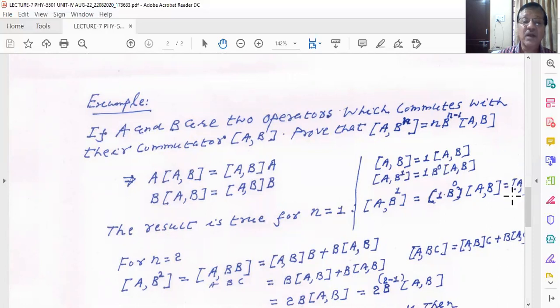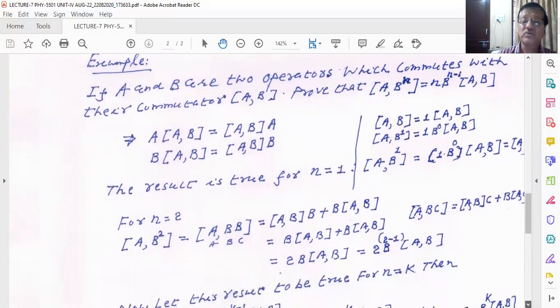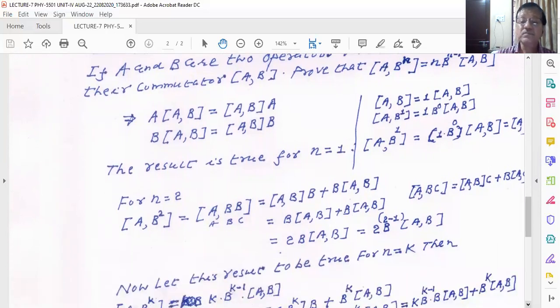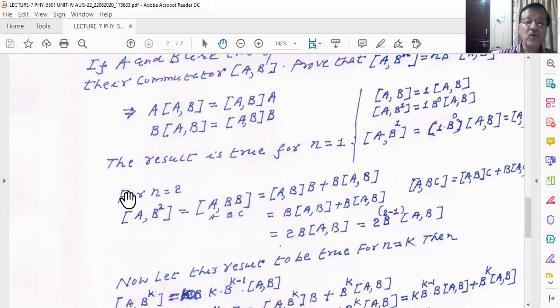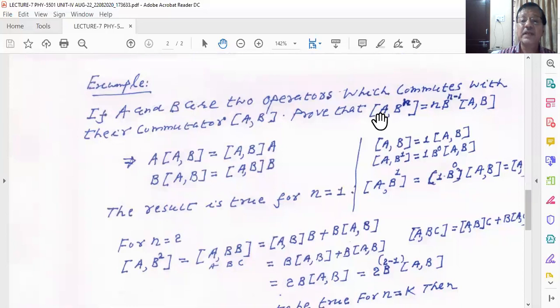Okay, now let us go for n equal to 2. We want to generalize this result. When we go for n equal to 2, we have the commutator of A with B squared, because what we want to prove is A with B to the power of n, and here I am taking n equal to 2.